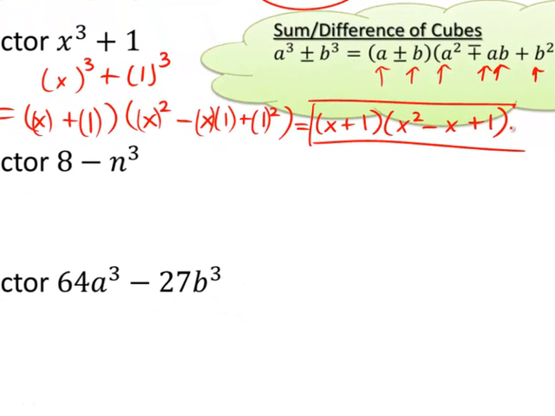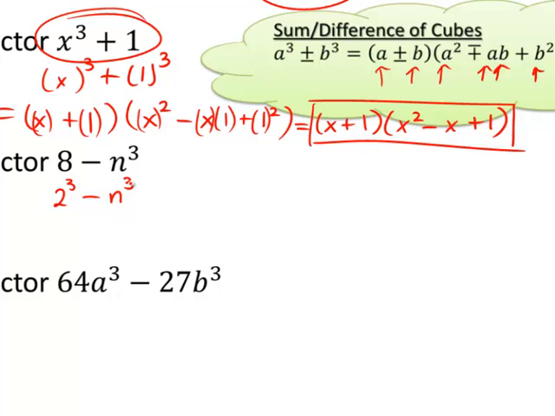If you're doubting that this will multiply out to give you back this again, you can try it on your own and distribute and see if it works. This next one here, 8 can be written as 2 cubed, and n is already n cubed.